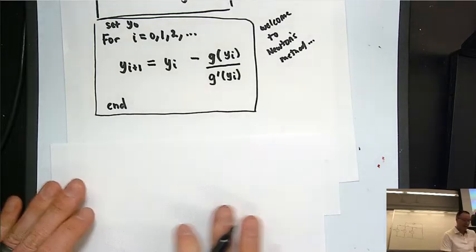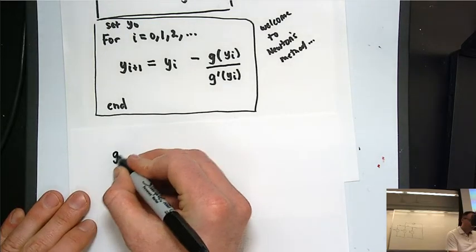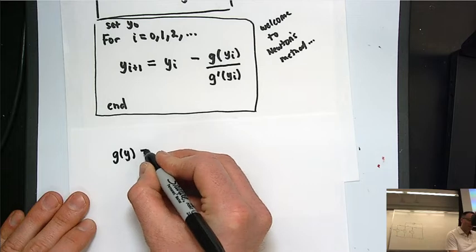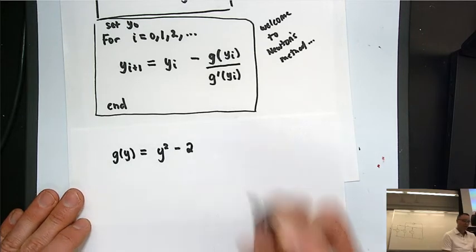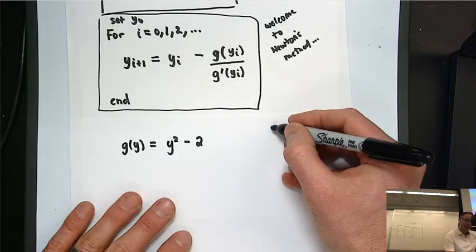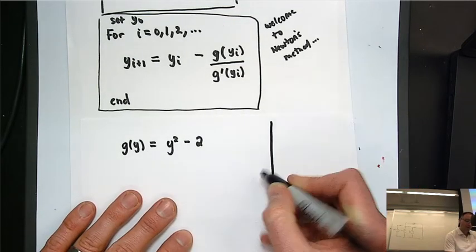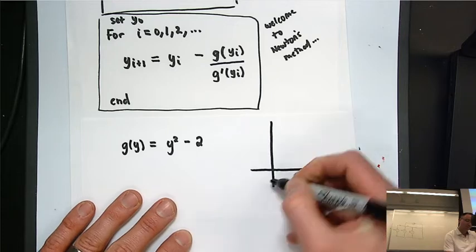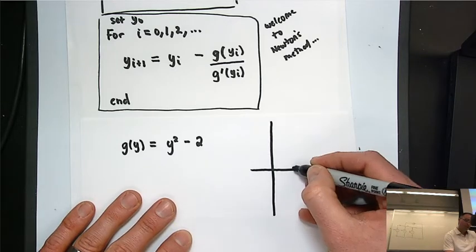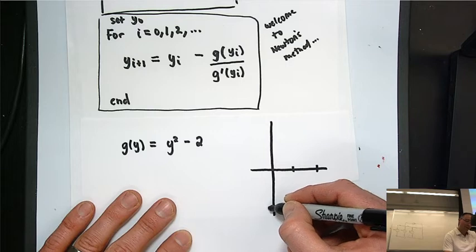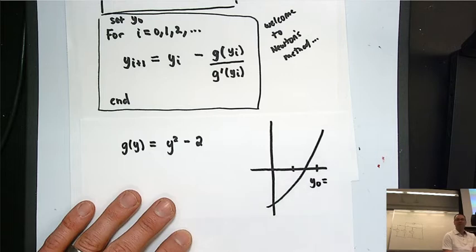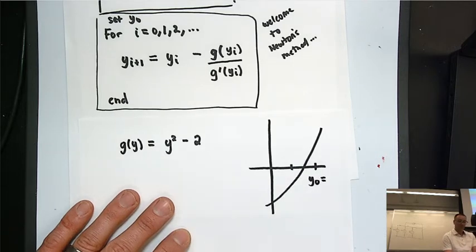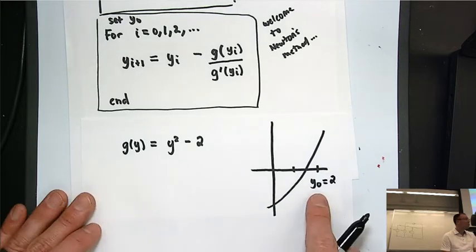Okay, so the claim that we had here was our g, we actually can say more about that g because we knew it was the square root of y squared minus 2. And by the nature of the original problem that we started with, could you guess a really, really nice initial guess? We might say that our initial guess is 2, right?